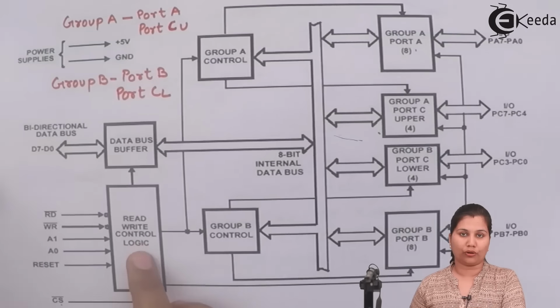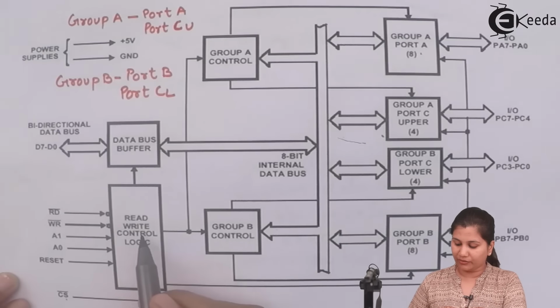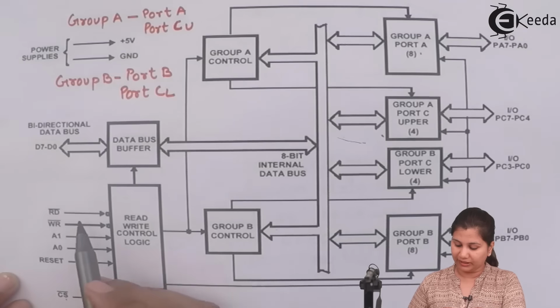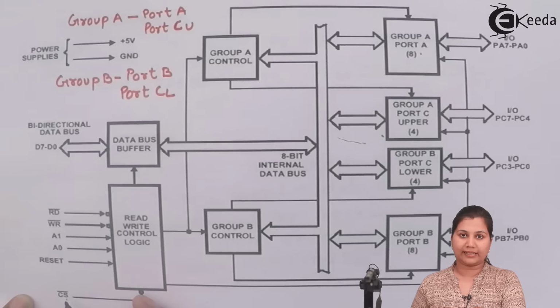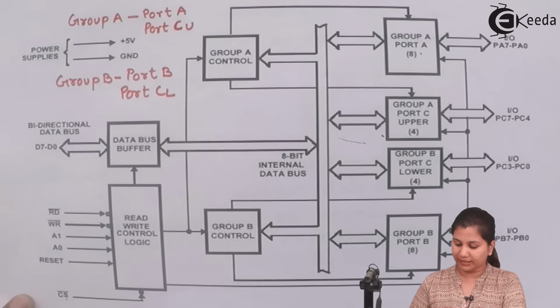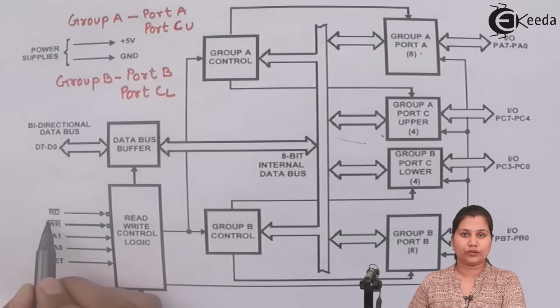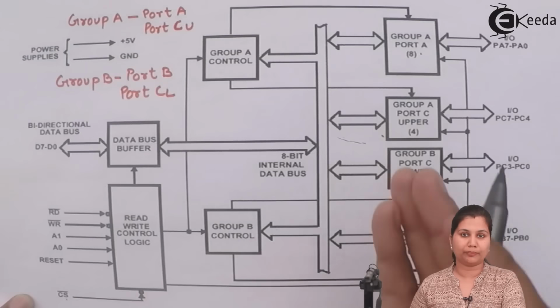Now next in the block diagram comes the read and write control logic. This read and write control logic has these signals: read, write, A1, A0, reset and chip select. We have already studied the function of these signals. Read signal is used to read the data from the ports.